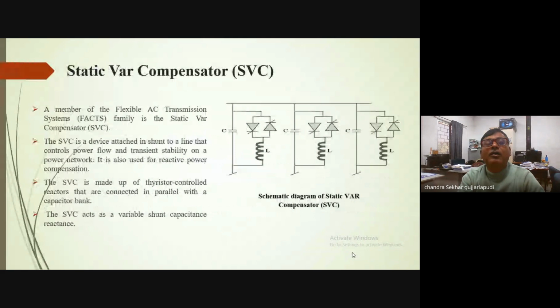Okay, so the SVC is basically a static var compensator.